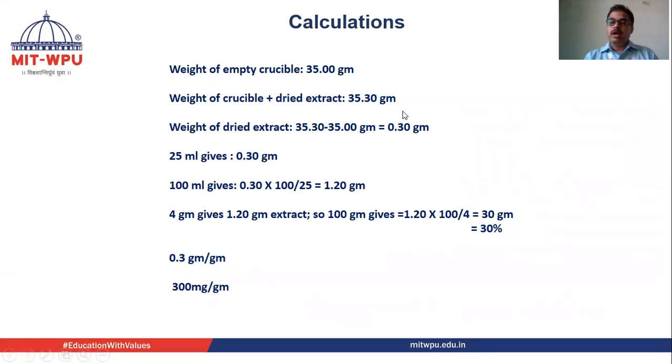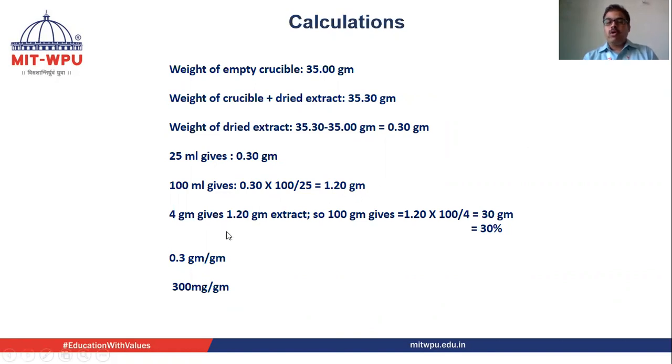Now this 0.30 gram we obtained from the 25 ml of solvent, which we took in the porcelain dish and evaporated. So 25 ml gives 0.30 grams. In total we had 100 ml, so 100 ml will give 1.2 grams.